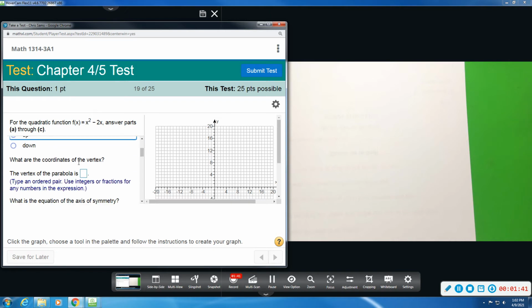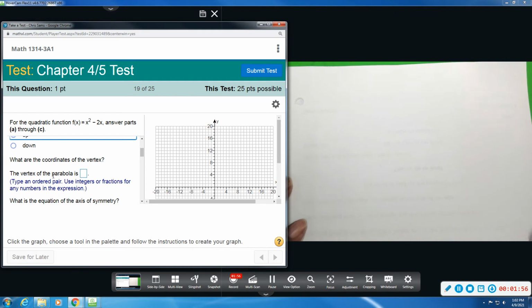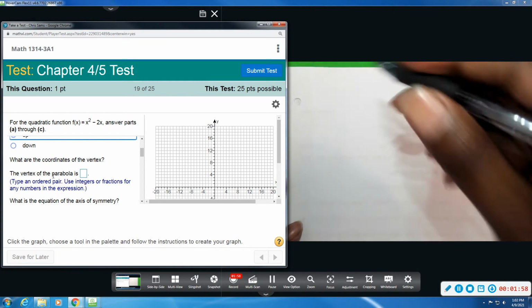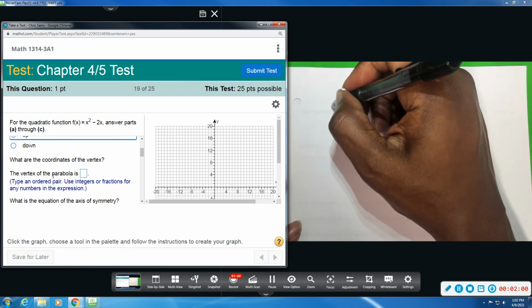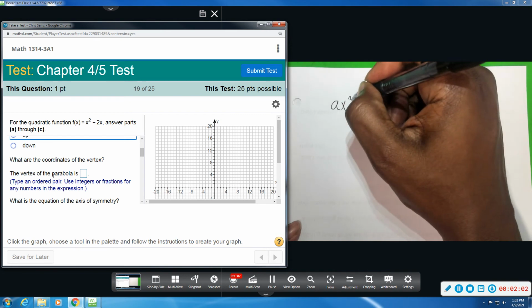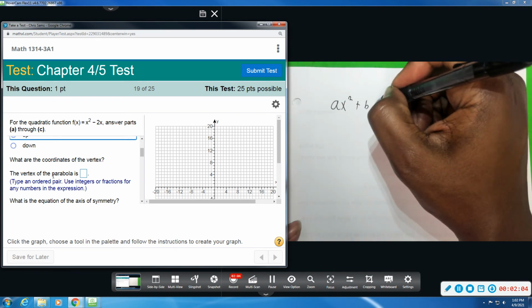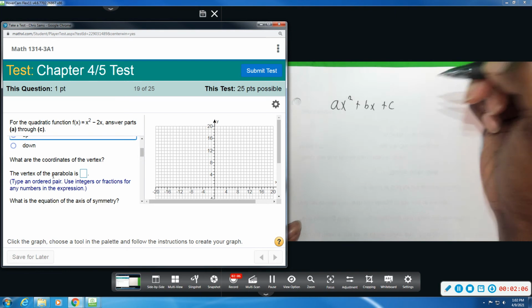All right, now we want to know the coordinates of the vertex. Since this is not in vertex form, we actually have to work out the vertex. So it's in standard form, ax squared plus bx plus c.